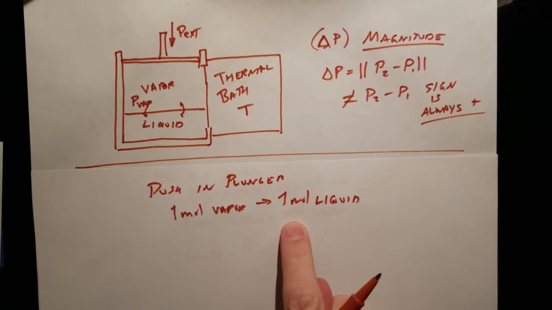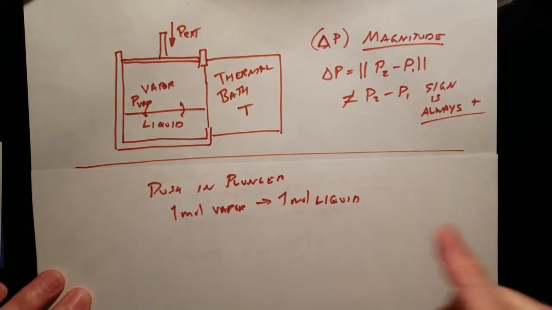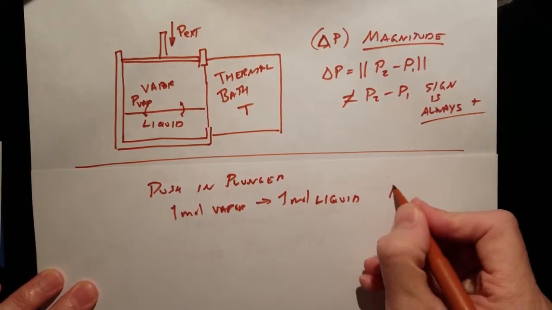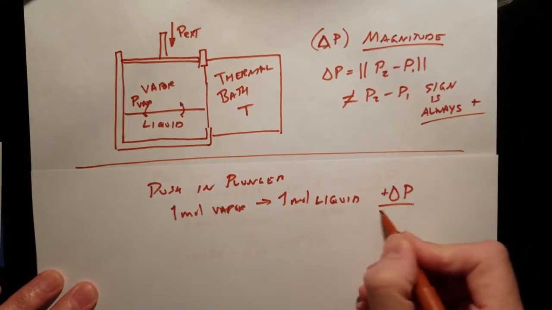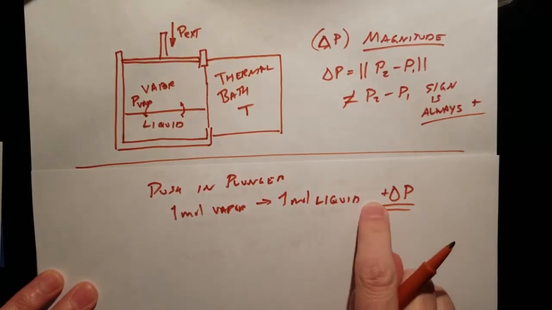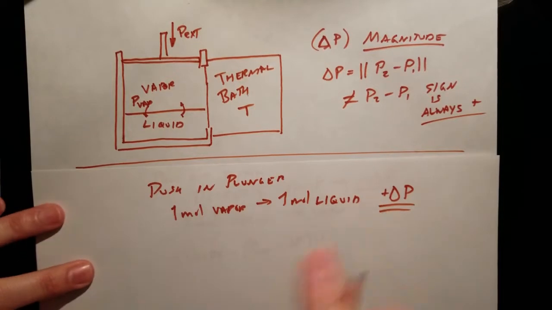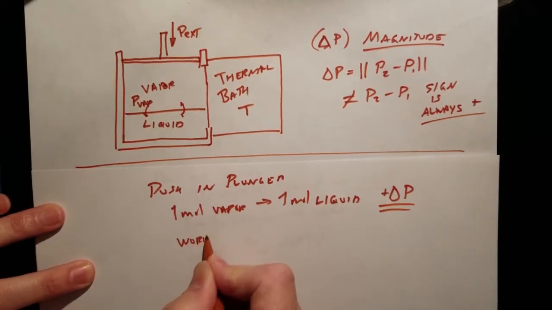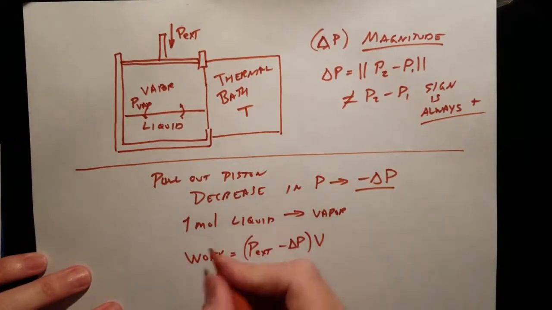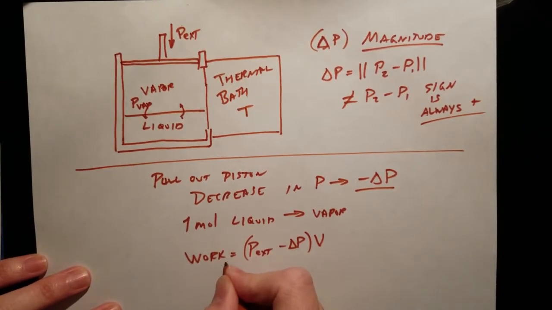Well, then we're changing P by some positive delta P, and the work, call this work out.